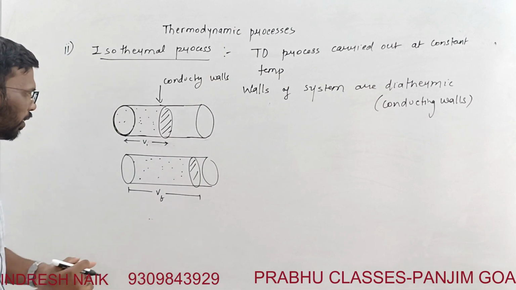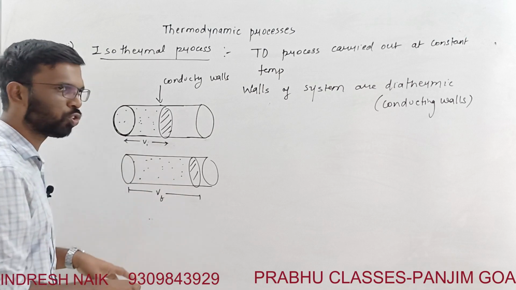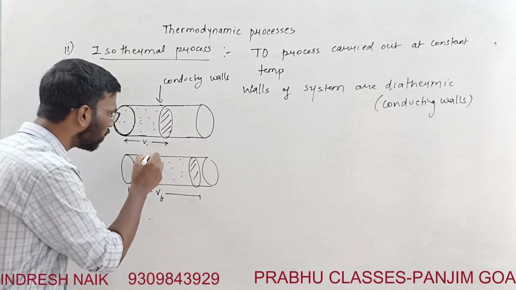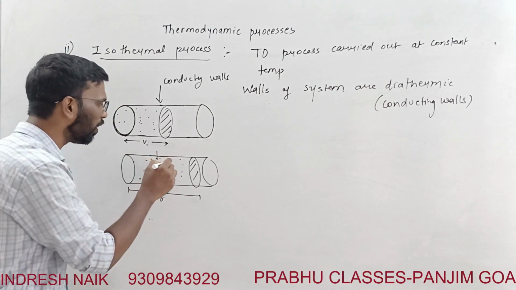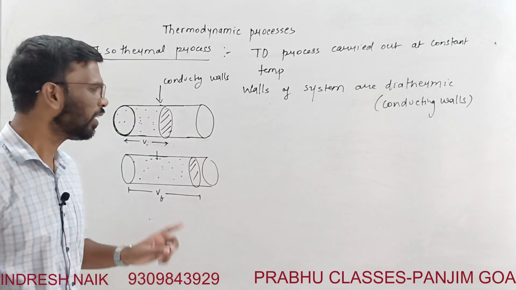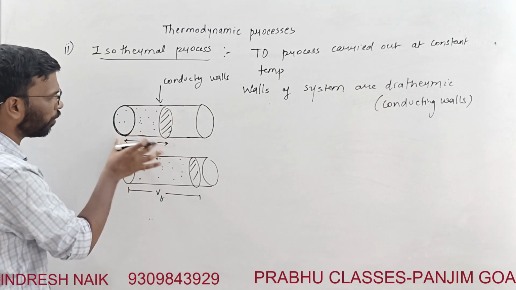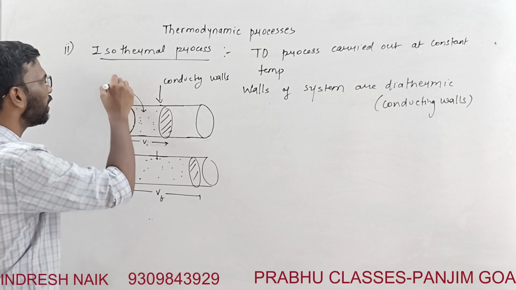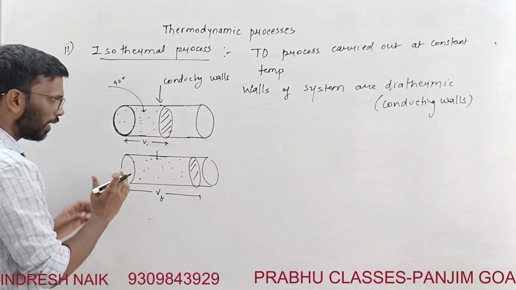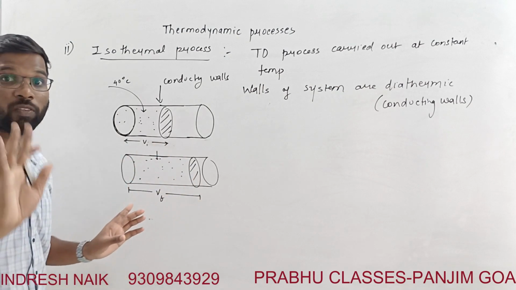What happens here? Let's say there is an increase in the volume; temperature should fall. But since these walls are conducting, some heat will get transferred inside and it will maintain the temperature. Initially, let's say the temperature is 40 degrees Celsius, and when there is an expansion, the temperature should fall if the wall is adiabatic.